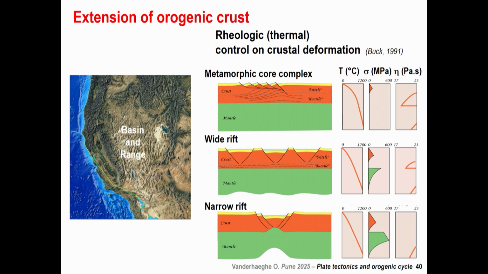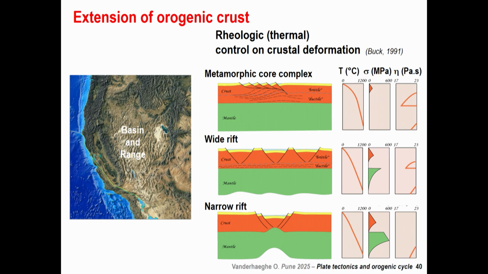And a more compelling model, to explain the diversity of structures, is the one of Buck, 91, where he relates the style of extension, metamorphic core complex, wide rift, and even narrow rift, with the thermal state, which controls the rheologic, the mechanical state of the crust.